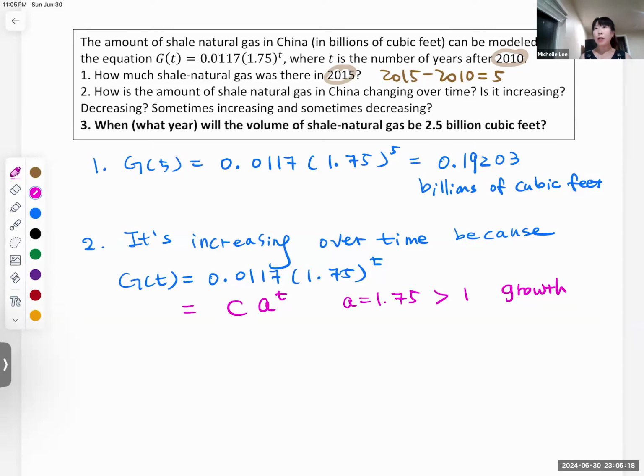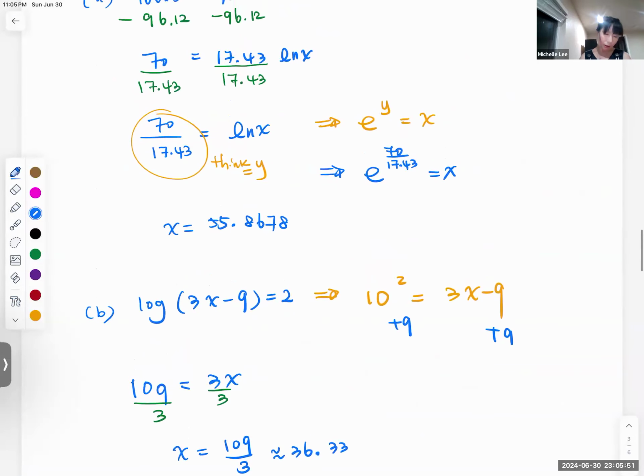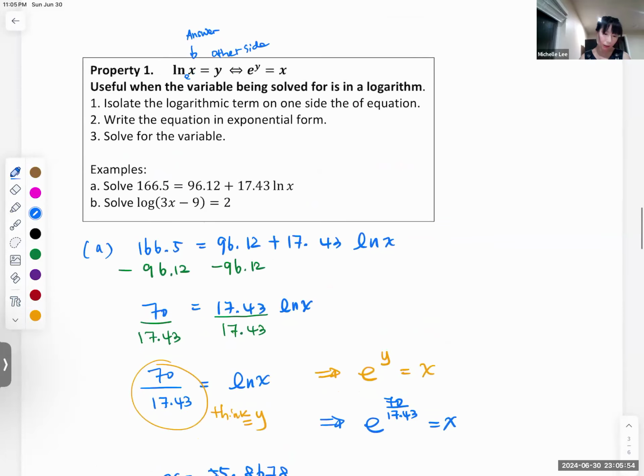Okay, number three, what year will the volume of shale natural gas be 2.5 billion cubic feet? So we need to find t. We have 2.5 as the volume, and then 0.0117 times 1.75 to the t.